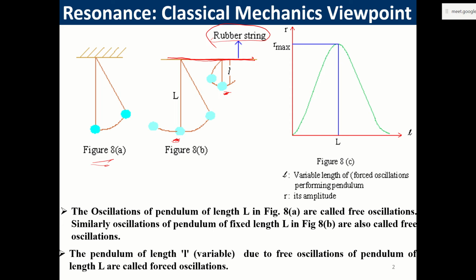So there is some sort of energy transfer that happens. Now suppose I vary this small length L, starting from a small length and going on increasing such that it becomes equal to the length of the first pendulum, capital L.